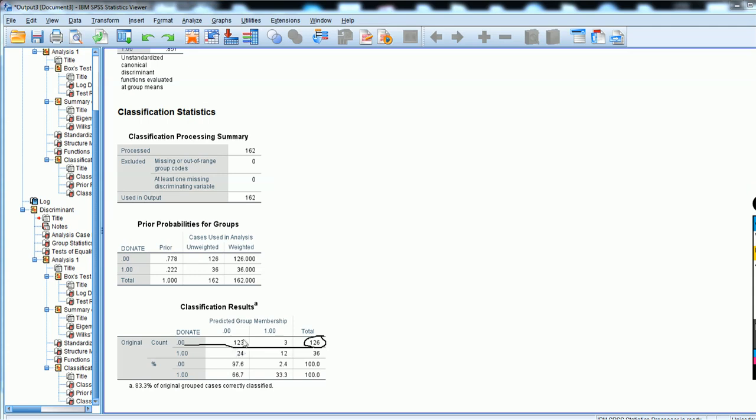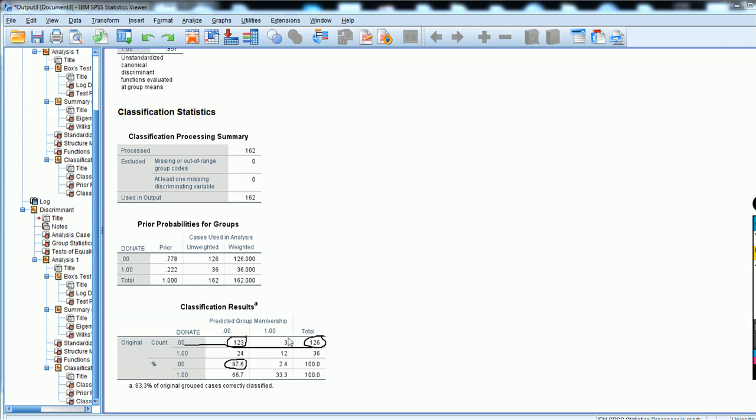So they were correctly predicted not to express an intention to donate. Down here you can see you've got percentages, and for this particular cell, roughly 98% of the cases were correctly classified. So basically 98% of those individuals who actually did not indicate an intention to donate were correctly predicted by the model to express an intention not to donate.